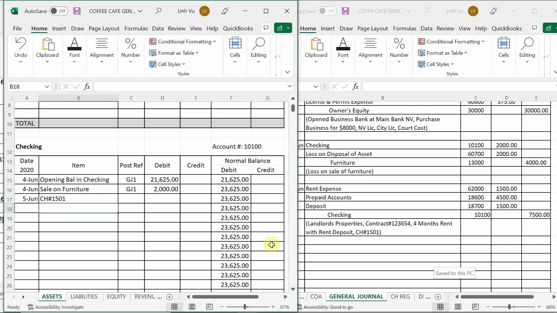Because I don't need to clutter my ledger with too much detail. If I just use my check number, I can take a look at my check register and it will tell me when I paid, how much I paid, who I paid, and why I paid. So that's all I really need to put in here.